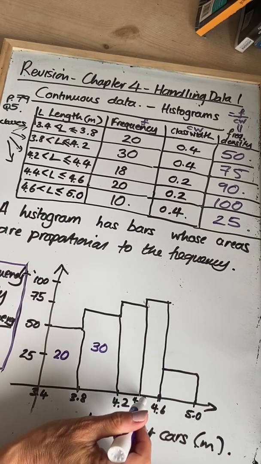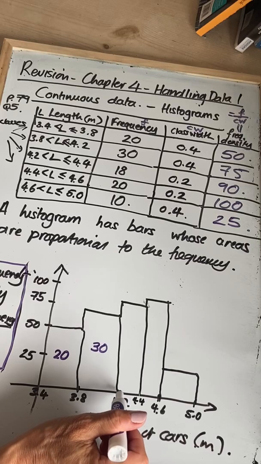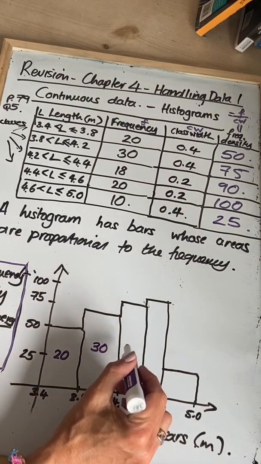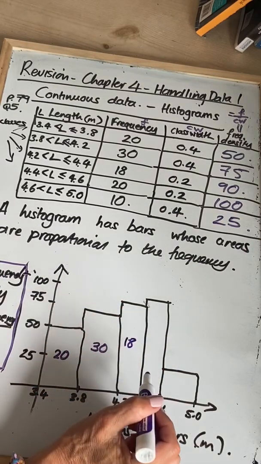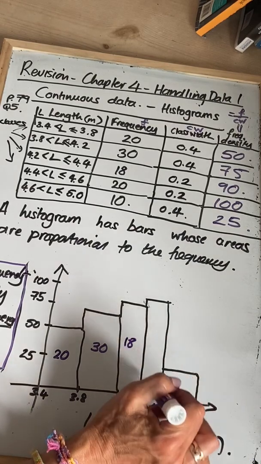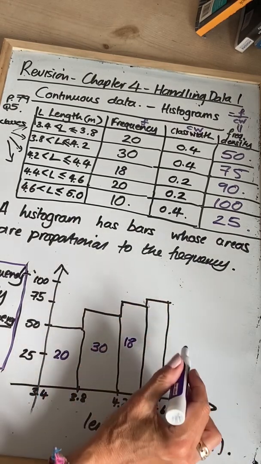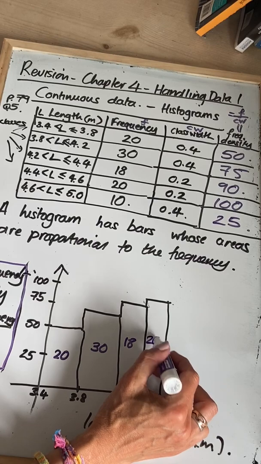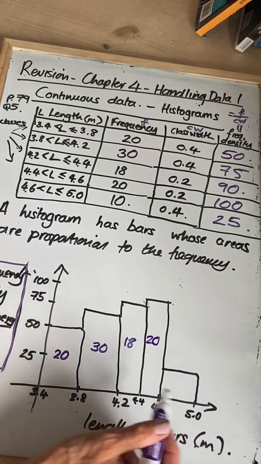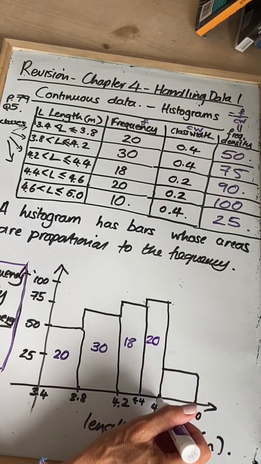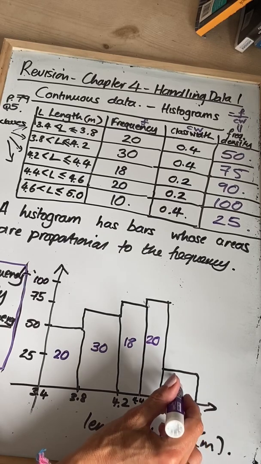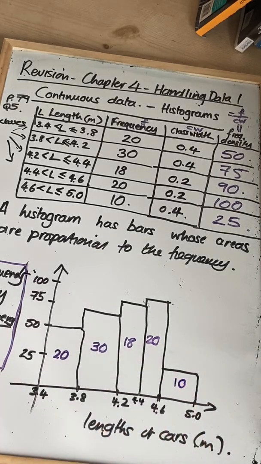The 4.2 to 4.4, that's got a width of 0.2 and a height of 90. That's got an area of 18. This one has got a width of 0.2 and a height of 100, so 20 is the area there. And for this one here, width of 0.4, height of 25, it's got an area of 10.